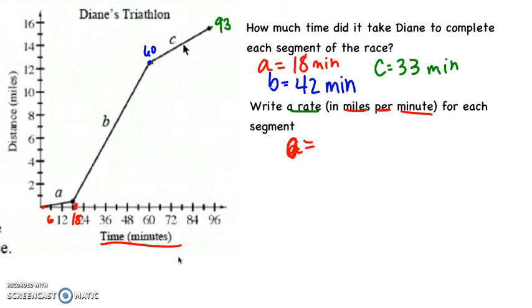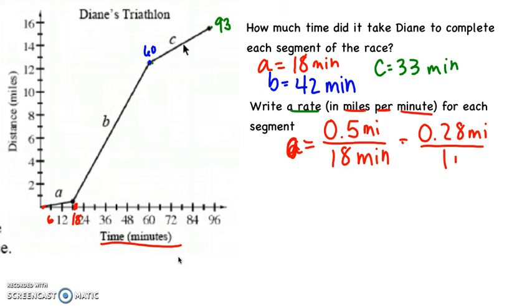On the previous slide, we found out that A was 0.5 miles per, we just found this out, 18 minutes. If I divide, I get 0.28 miles per 1 minute.